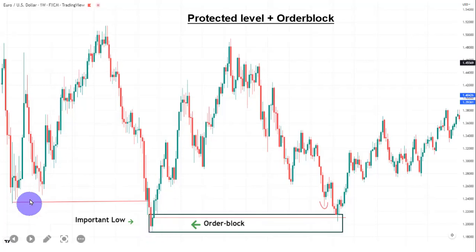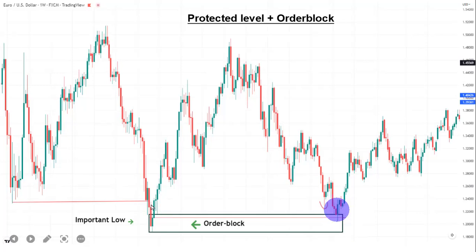We have a level of liquidity, we see price dip into it and a strong rally up, and price continues to break higher and higher. That makes that level a protected level. If they're buying there, they wouldn't want price to fall below that point, so they would protect that level when price comes into that area.